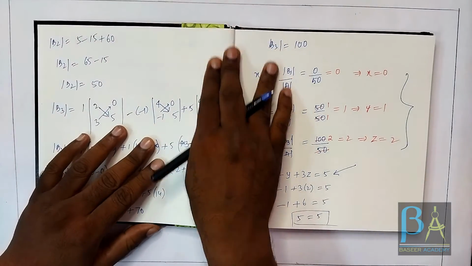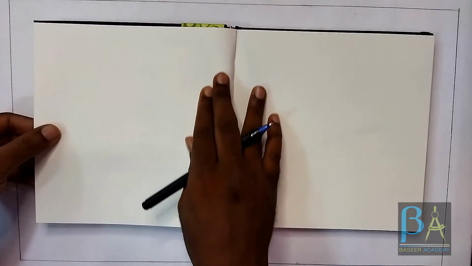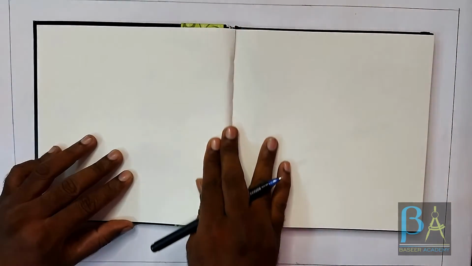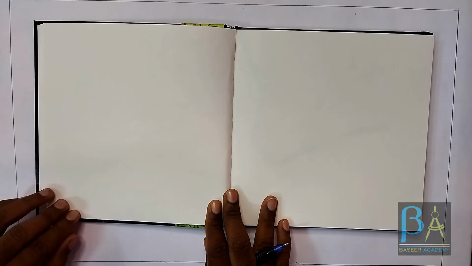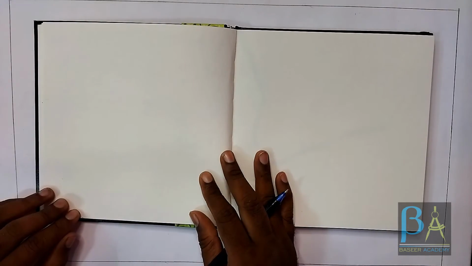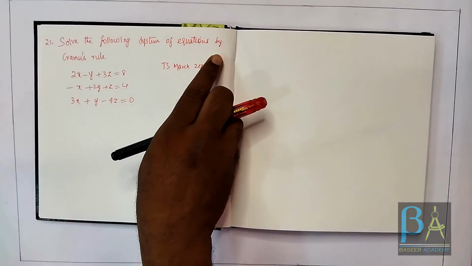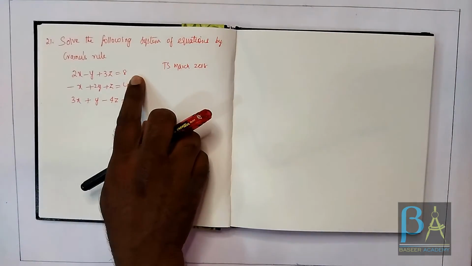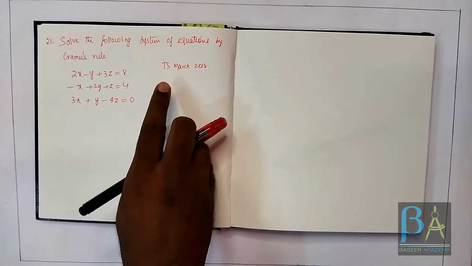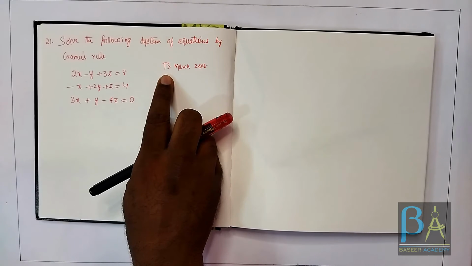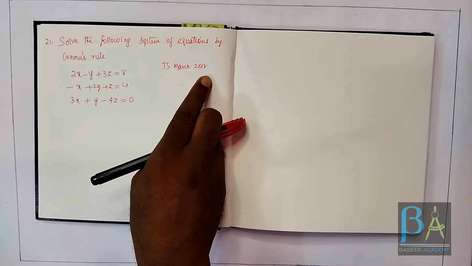You can try this question by yourself and then let me know your answers in the comment section. In case you have any questions or queries, feel free to comment and let me know. So I have this question for you where you are supposed to solve the system of equations using Cramer's rule. This question was asked in the Intermediate First Year examination, Telangana State, March 2018.